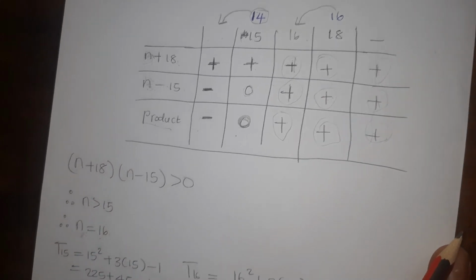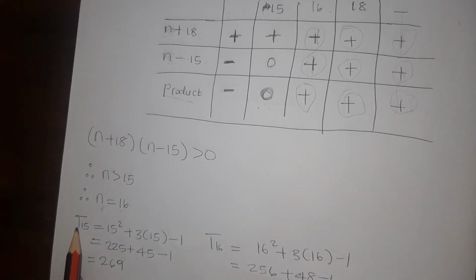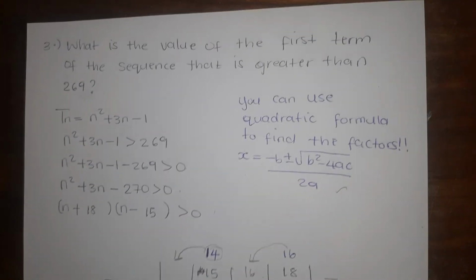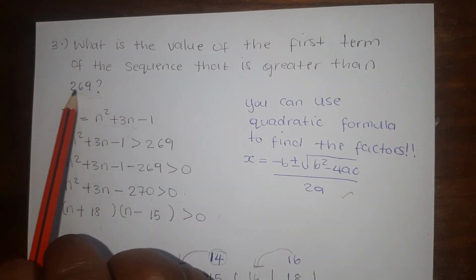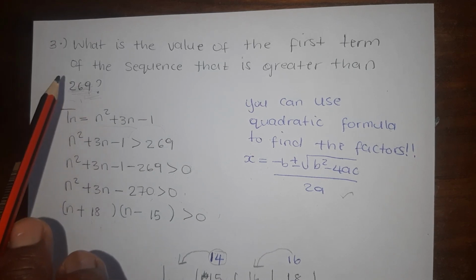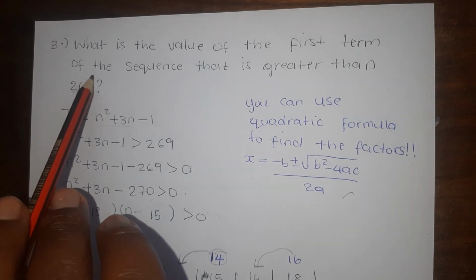So let's test it. So when we say T15 is equal to 15 squared plus 3 times 15 minus 1, which gives us 225 plus 45 minus 1, and then which will give us 269, which is this number from our question. So now we need the term that will be greater than this number.